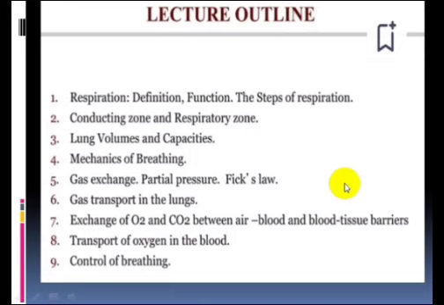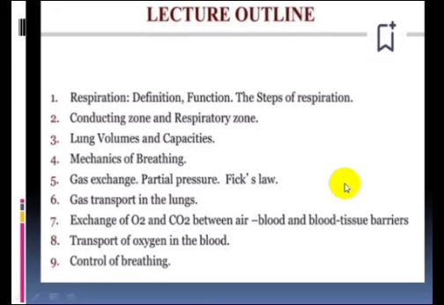Okay? So all of this: gaseous exchange, gas transport in the lungs, exchange of oxygen and carbon dioxide between air, the blood and blood tissue barrier, and then transport of oxygen in the blood. They are all under transport of gases. It's something we do in this class.